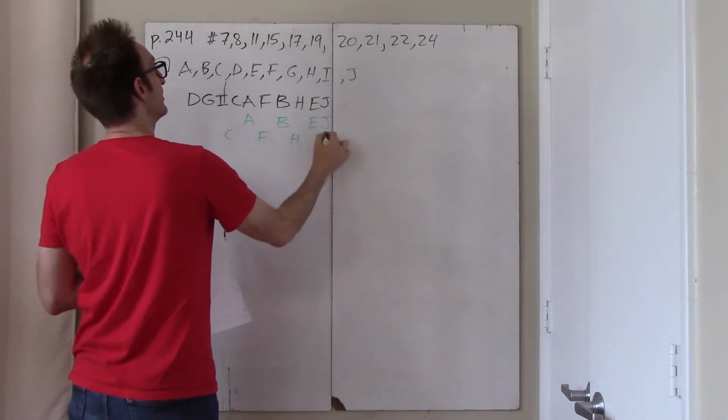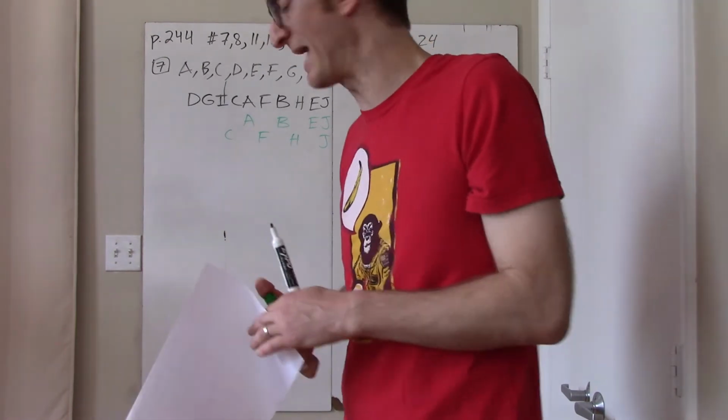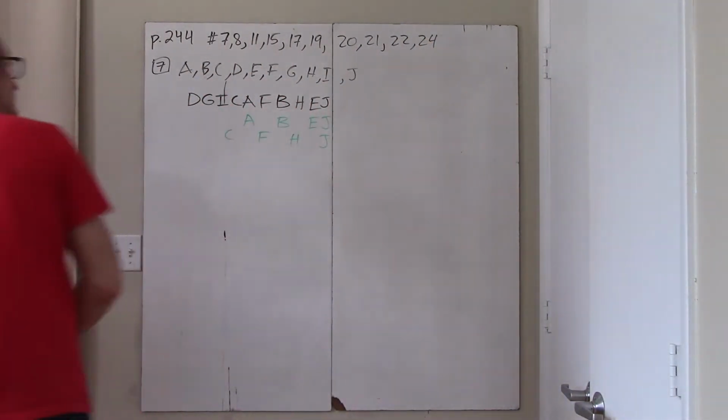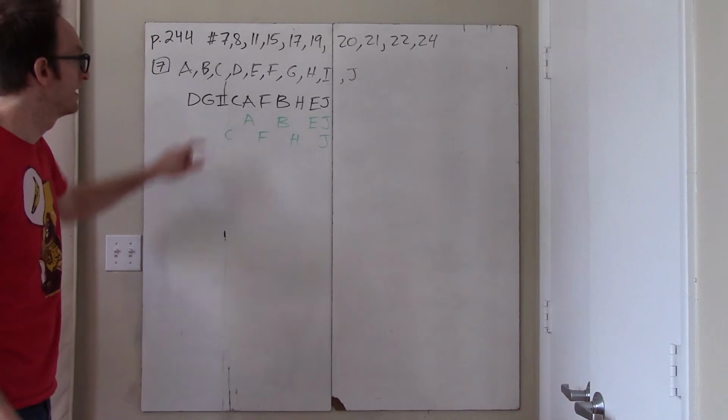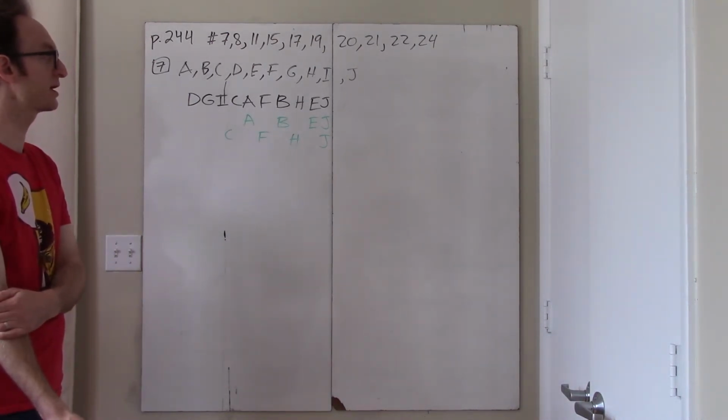Okay, so what's going on here? This is just saying that given this string of length 10, there is a substring of length 4 in which the letters are all in order or reverse order.